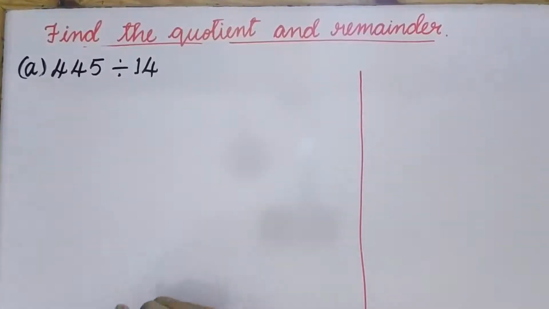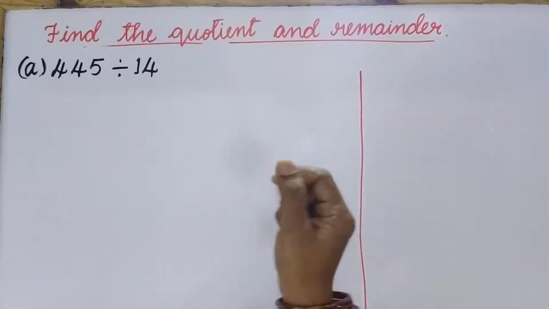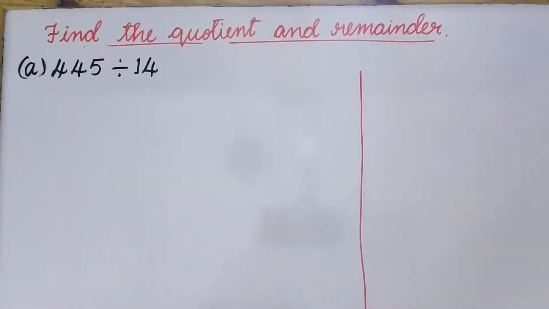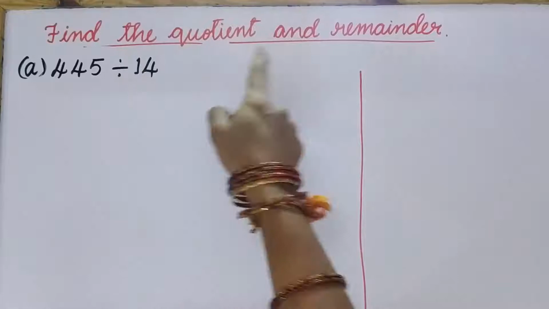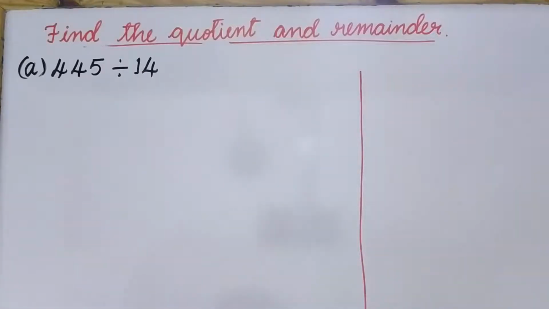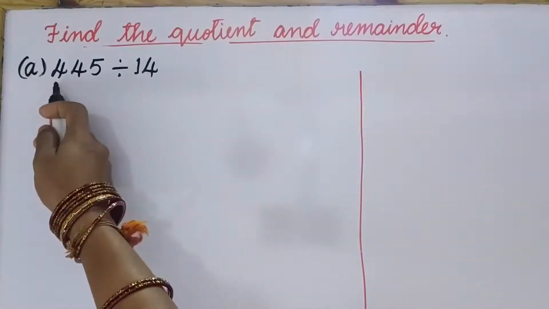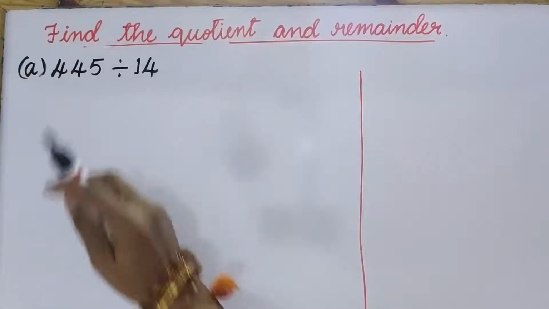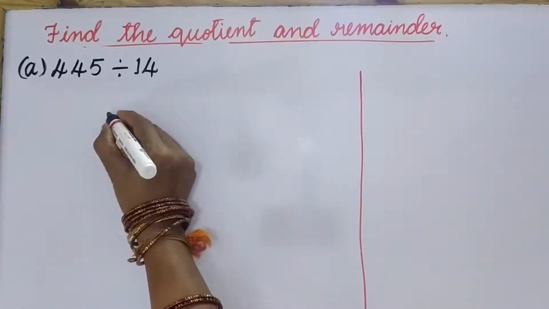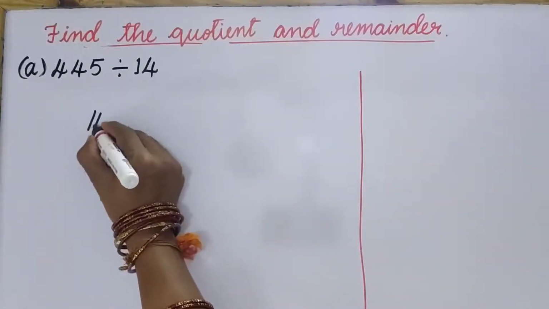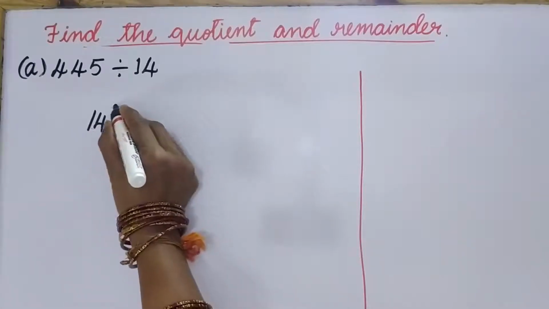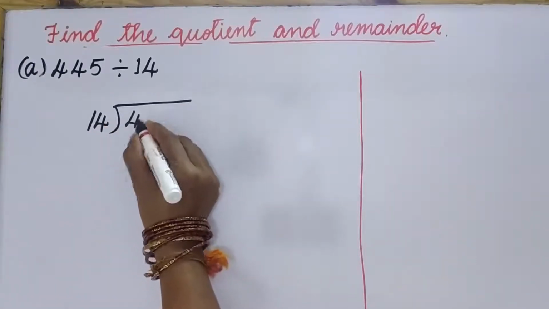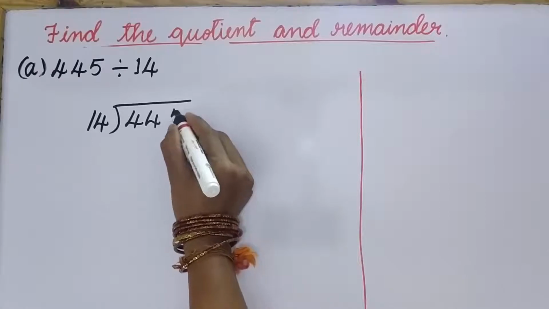Alright, are you ready to learn how to divide by two-digit numbers? So here we need to find the quotient and remainder. The first sum is 445 divided by 14. So we know how to write while solving by long division method. Okay. So this is the way we write.